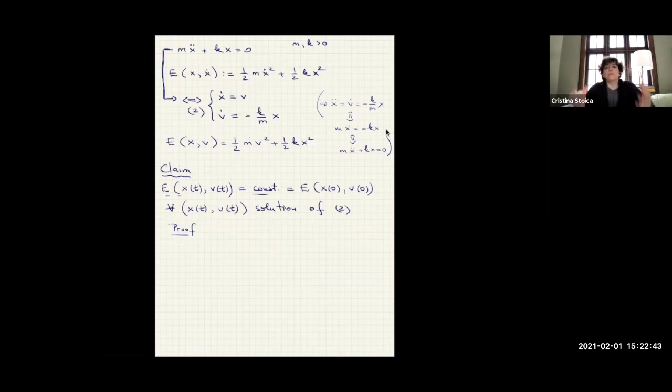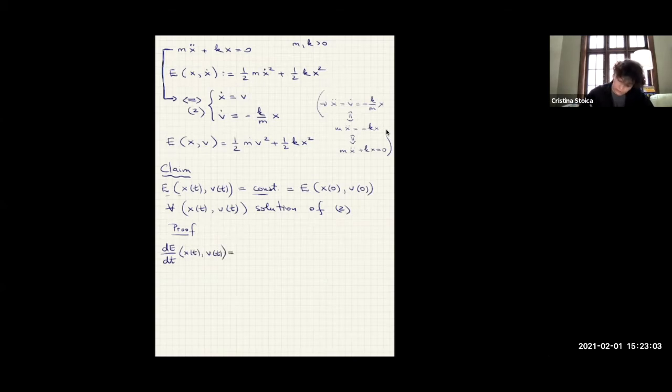If the derivative of a function is 0, then the function is constant, and of course it will be the constant at time 0. So we have to do dE dt, calculated along a solution of the system, and that's the key, because otherwise we don't get anything.